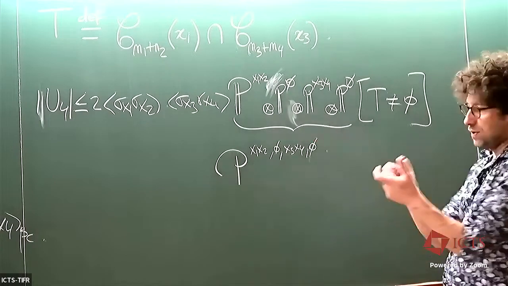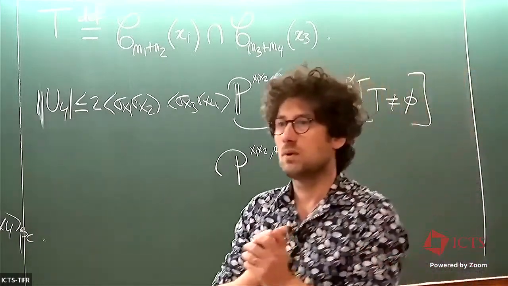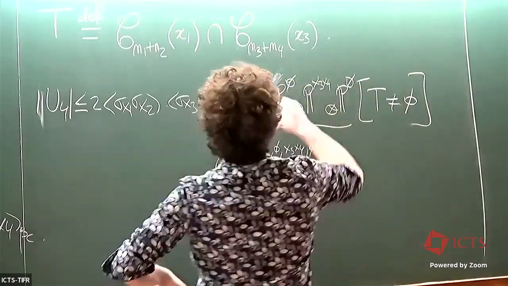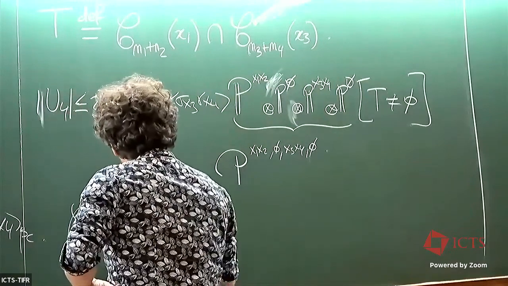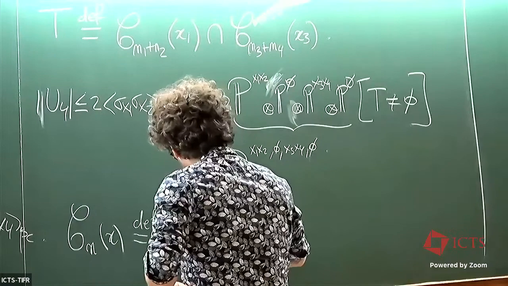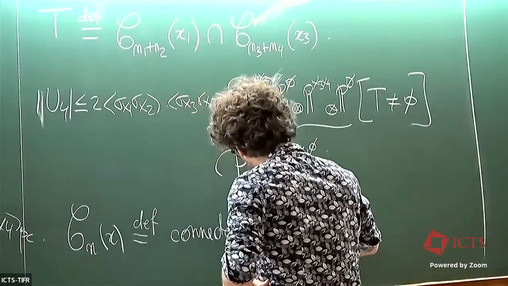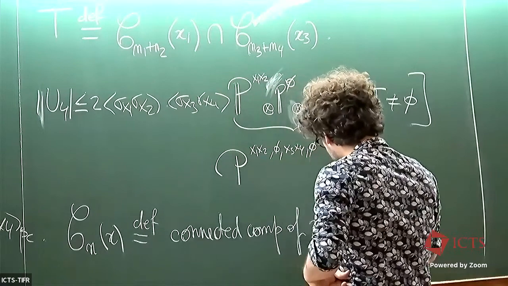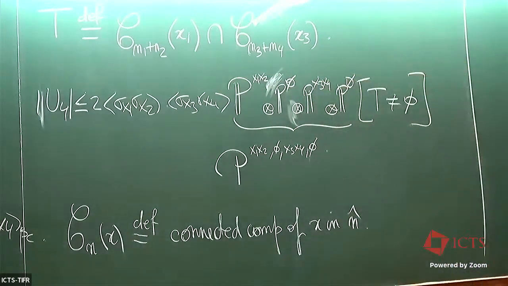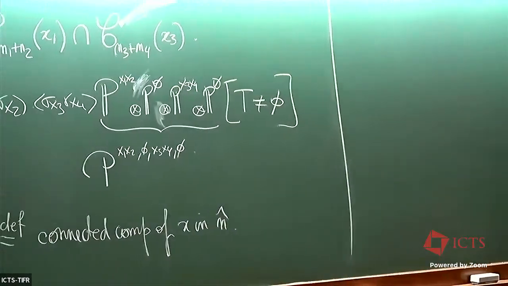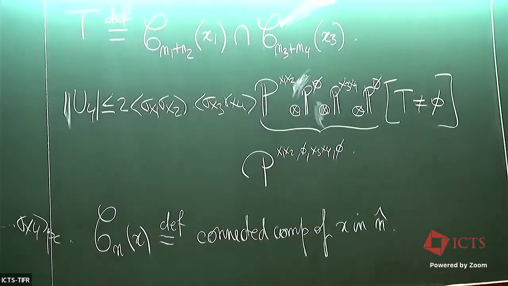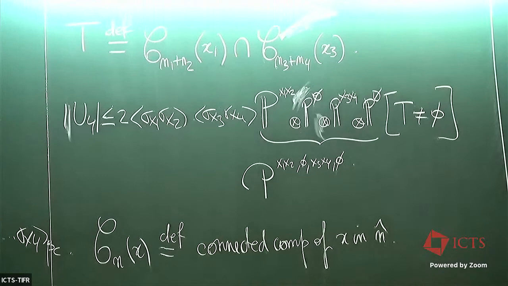Yes, exactly, sorry. C_n of x is by definition the connected component of x in n hat. Right, n hat is a percolation where edges are open if the current is nonzero and closed if it's 0. So I look at the connected component of the point x. Thank you very much, because this is an important point, and you cannot understand the next things if you don't understand it.